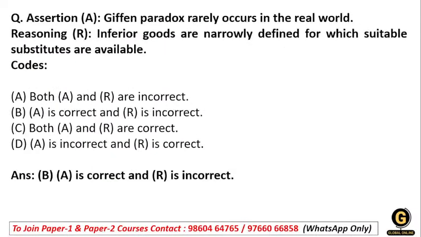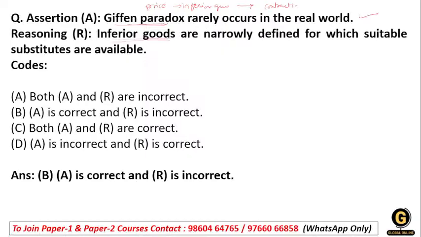Now move toward the next one. The assertion and the reason are given to you. The Giffen paradox rarely occurs in the real world. Isn't it true? First of all we have to know what is given. If prices increase for inferior goods, it means that they are contracting the demand.